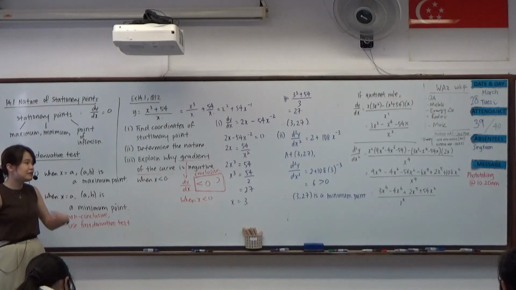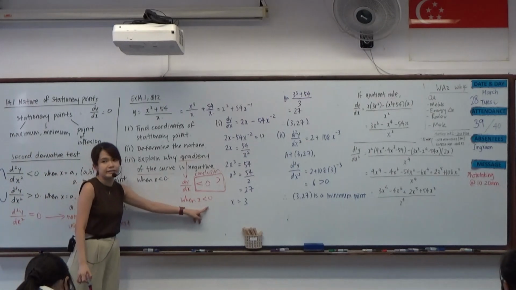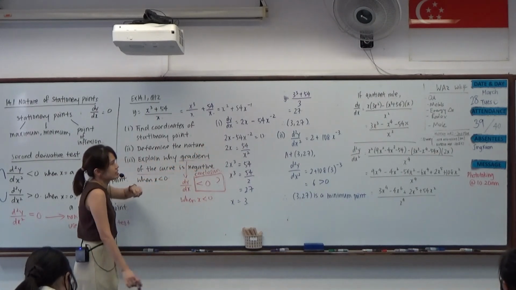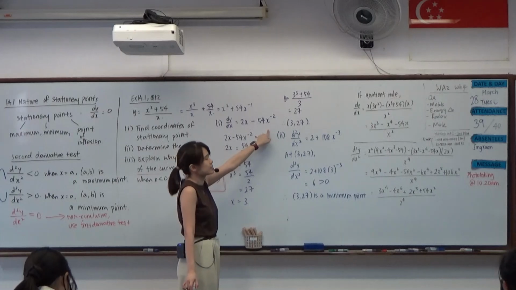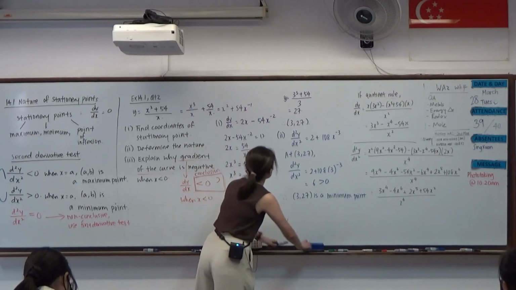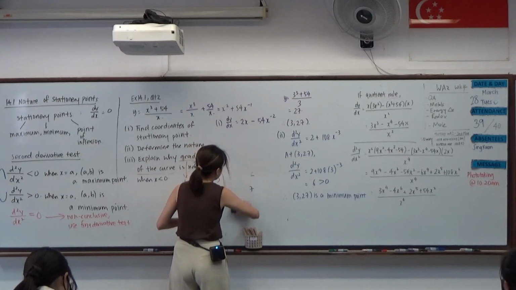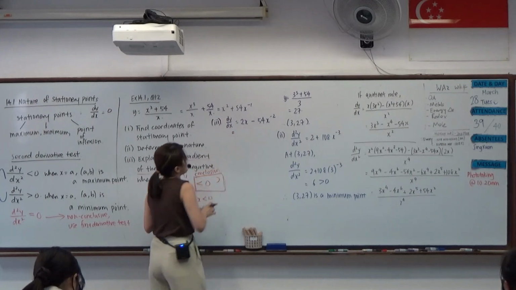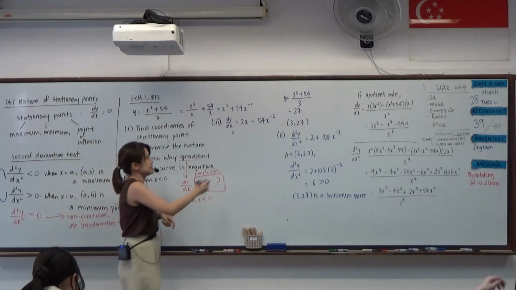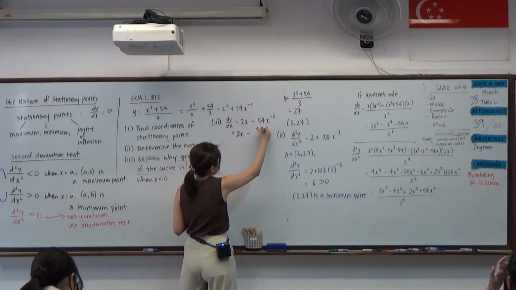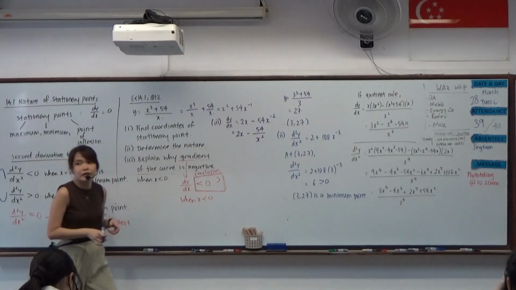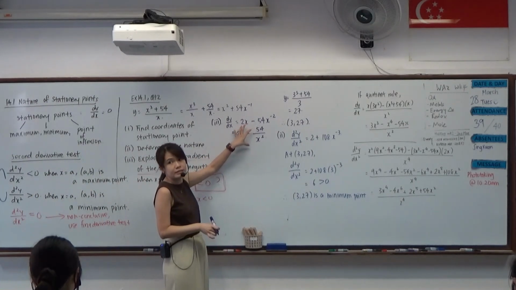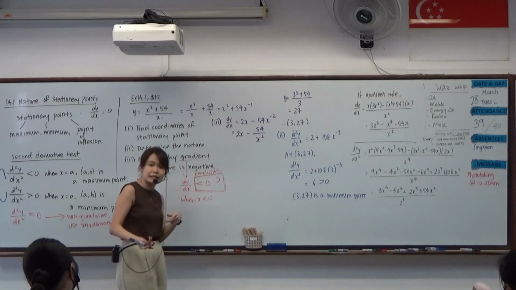What we are given as information is that x is less than 0. We have already found that dy over dx is equal to 2x minus 54x to the power negative 2. So in part 3, my dy over dx is just 2x minus 54 over x squared. I want to prove that dy over dx is less than 0. That means I want to prove that this is less than 0. It falls back to our inequality already.